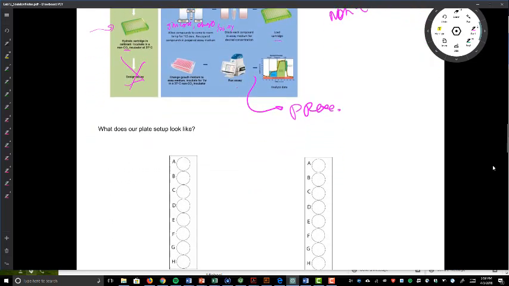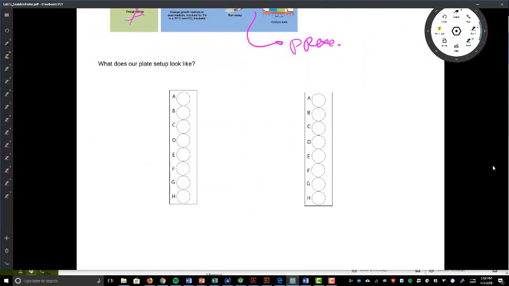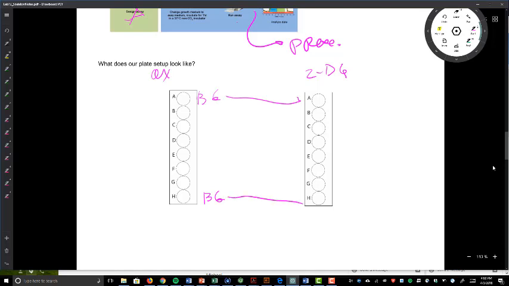And here's a quick rundown of what our plate is going to look like for the experiment. This is going to be our oxamate plate, and this is going to be our 2-DG plate, and we'll have one per Seahorse because we have 2 Seahorses. The top and bottom rows are backgrounds. We keep those blank so we get an idea of what the noise coming from the plate looks like.